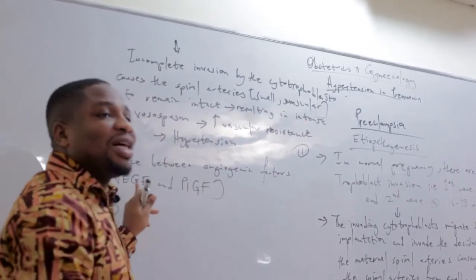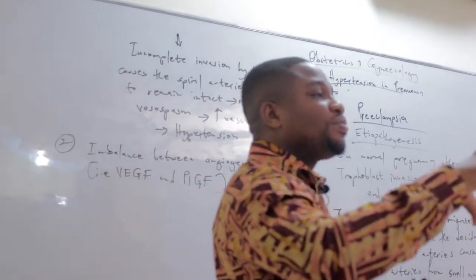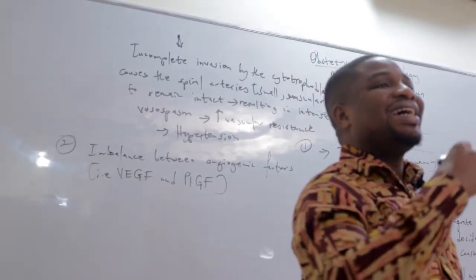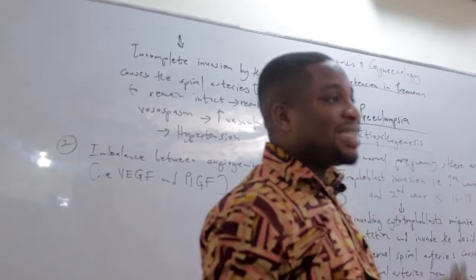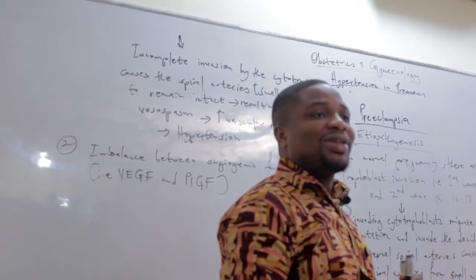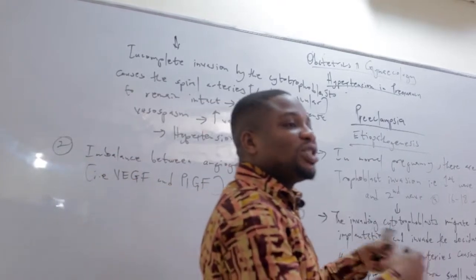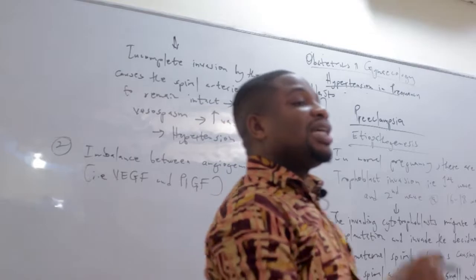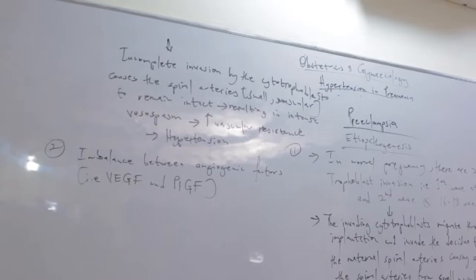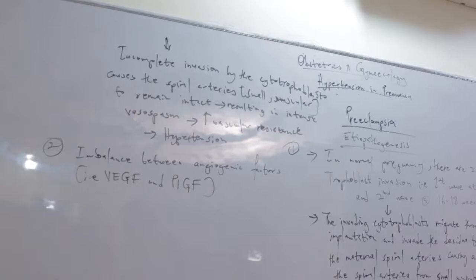These growth factors, when they bind to the vascular endothelial growth factor receptors, enhance the migration of the invading cytotrophoblast into what? The decidual tunica media of the spiral arteries. Are we getting that?